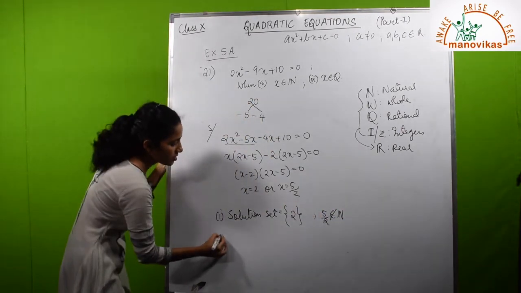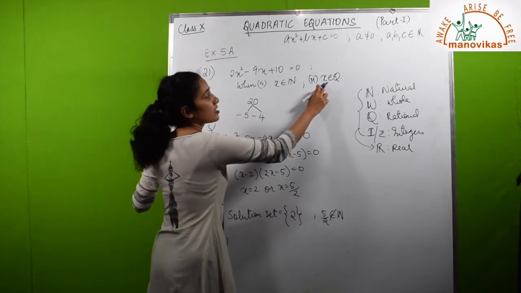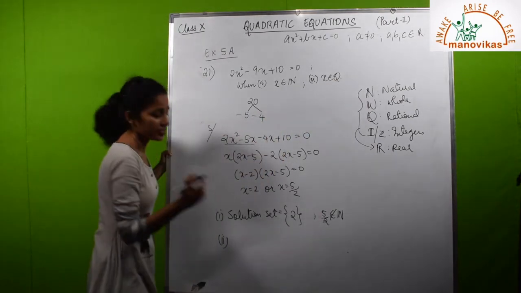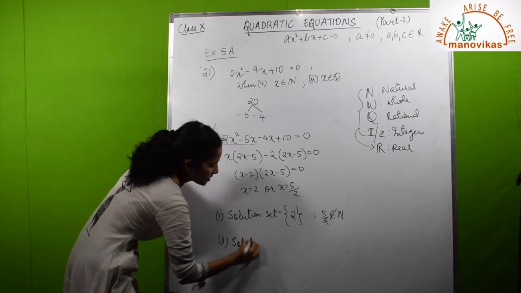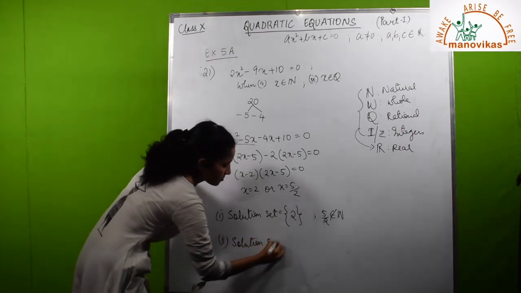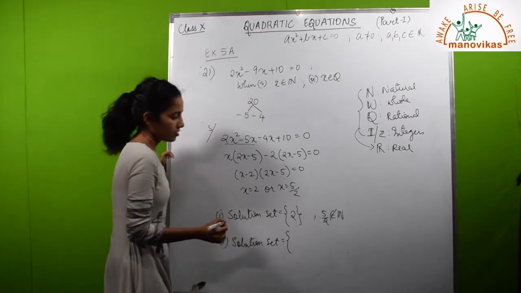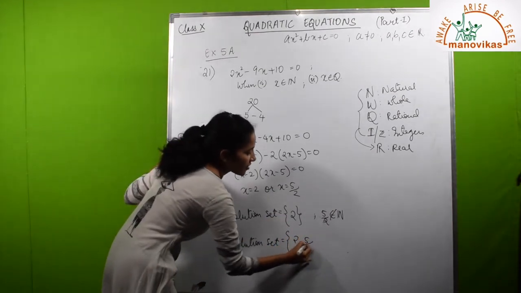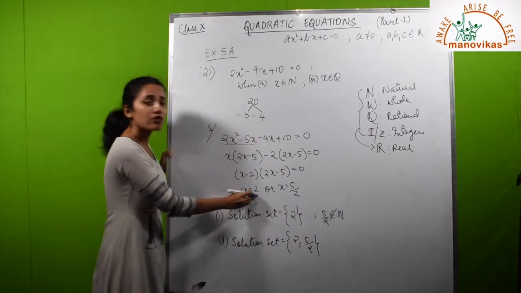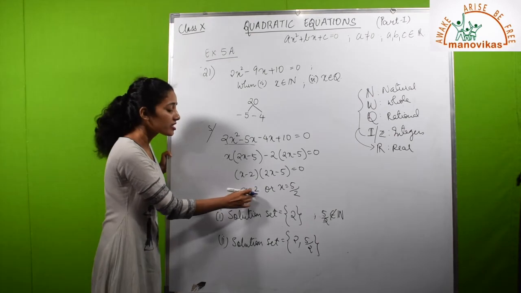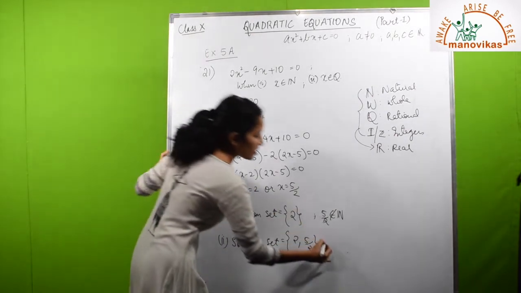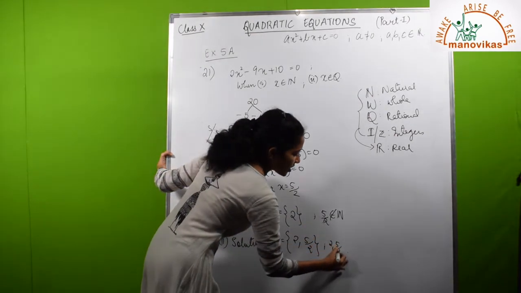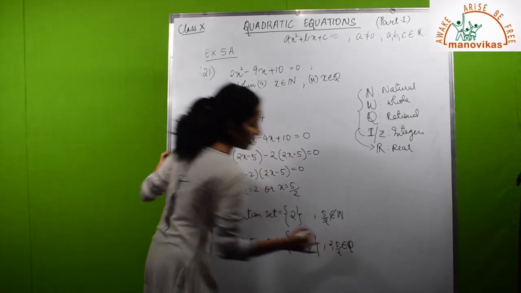For the next part, we have to see that in the solution set, a rational number is taken. So solution set will be 2, 5 by 2. Note that 2 is also a rational number because there is a denominator here which is 1. Since 2, 5 by 2 both belong to rational numbers.